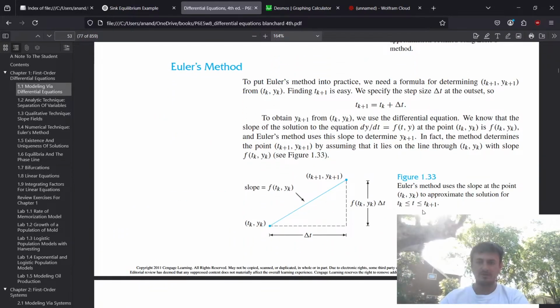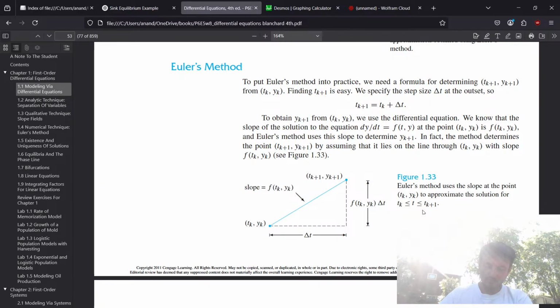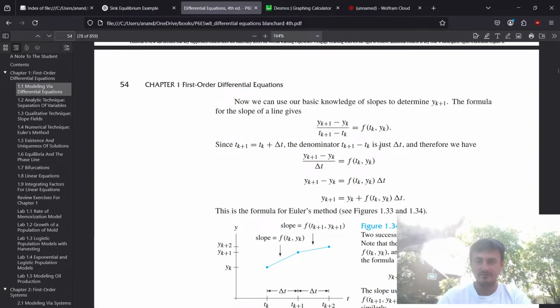I just want to write down the formula pretty much. It's going to be x_{k+1} is equal to x_k plus delta t times f of t_k, x_k. That's the formula. Let's go find it.